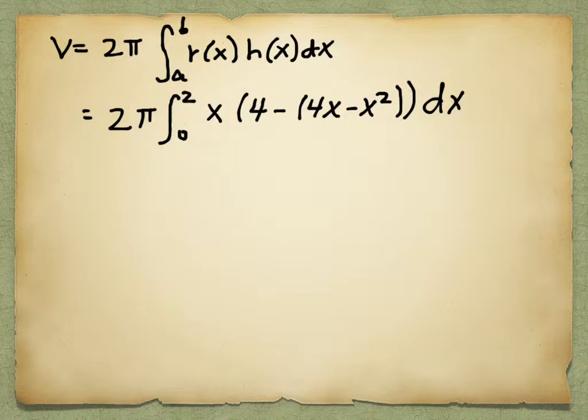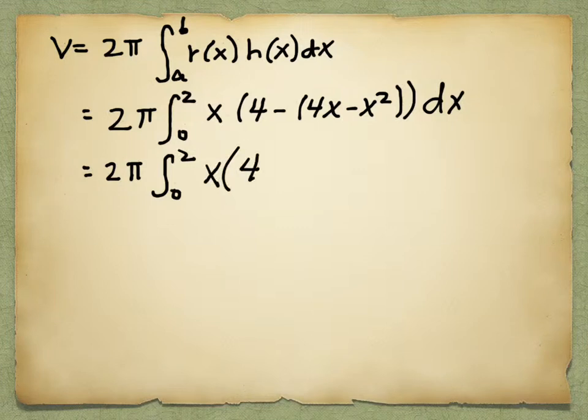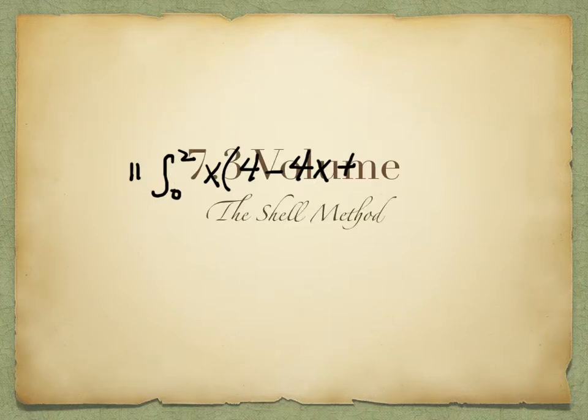And that's the hard part, because this is very clean to take an antiderivative of, after we clean it up. And we do need to clean that up before we get too much further into this. So let's take a couple minutes. So I have 2 pi. I have an integral from 0 to 2. This is x. And then inside right now I have 4 minus 4x plus x. Sorry, plus 4. Oh, shoot.